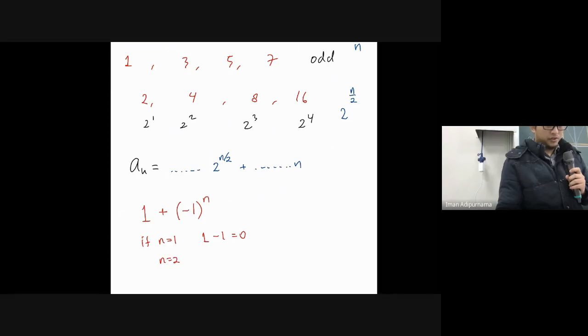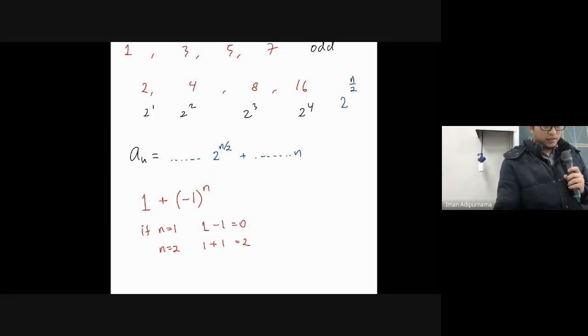If n is 2, it's 1 plus 1, it's 2, right? So if your n is odd, it will be 0. If your n is even, it will be 2. So you can try 3, 4, 5, giving 0, 2, 0, 2, right? Because it's 2, you need to divide by 2, right?